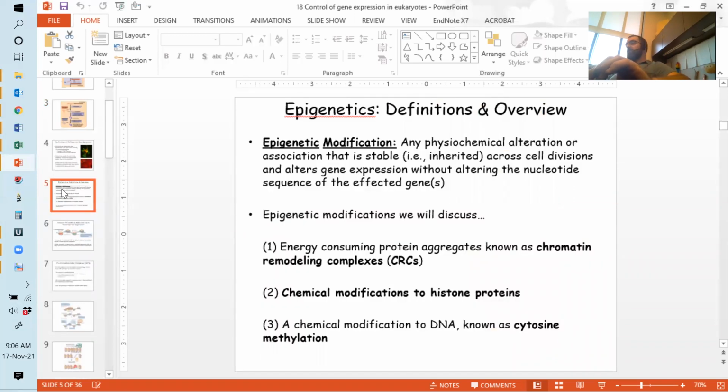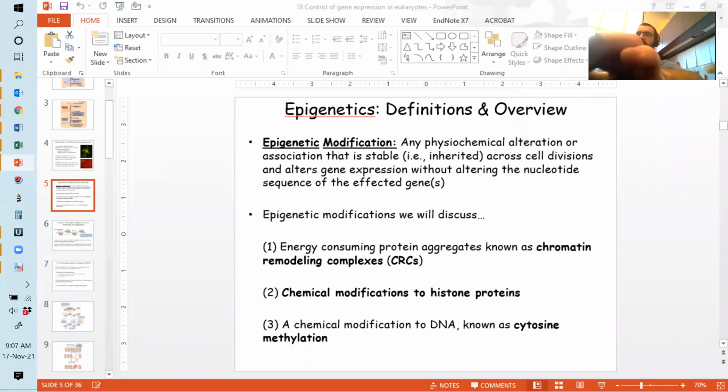Okay, so first we're going to talk about chromatin state, and really the catch-all term for that is epigenetics. So epigenetics are changes to your DNA that don't change the sequence, but change how that information is used.